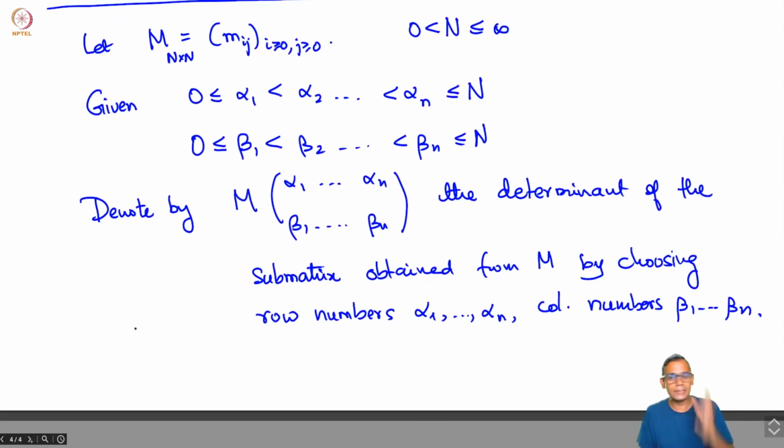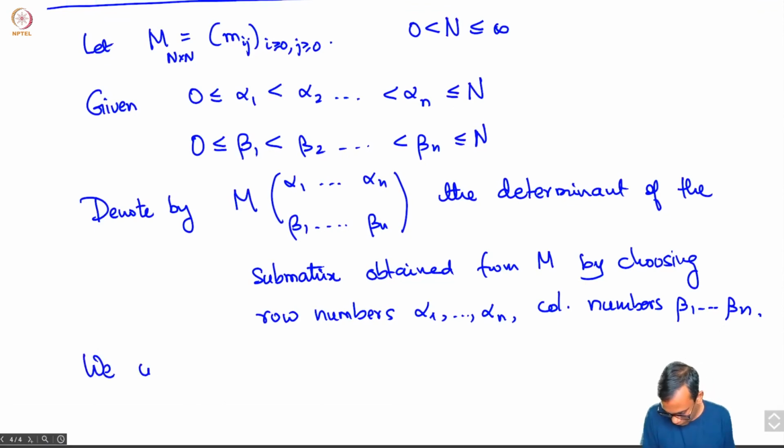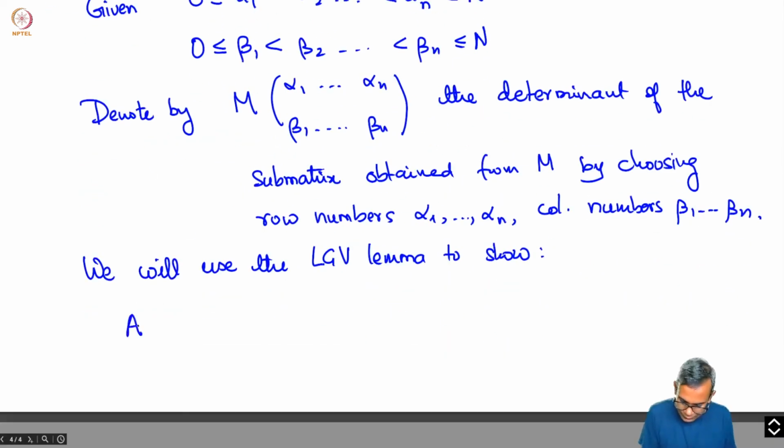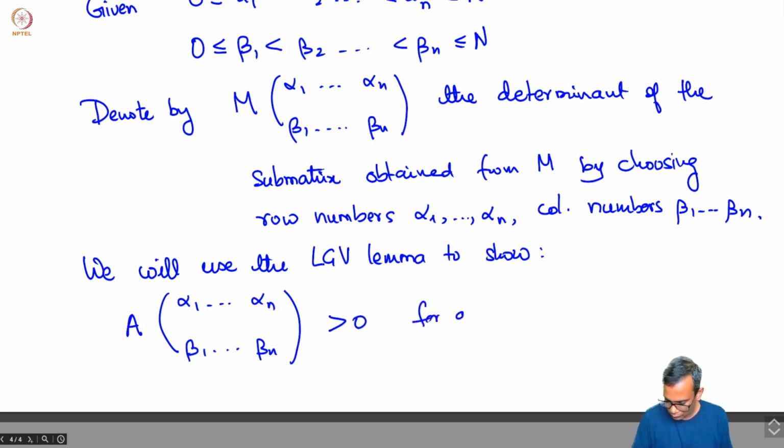So we will be using the LGV lemma to show that firstly, if we take the array associated to the Suci prastaara, then these minors are all strictly positive, for all alpha_1, ..., alpha_n, beta_1, ..., beta_n as above.